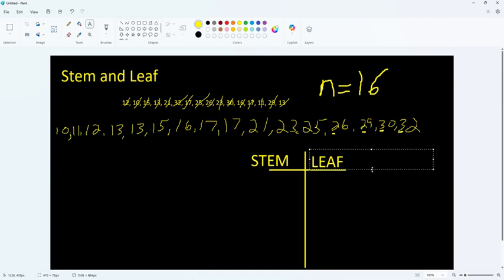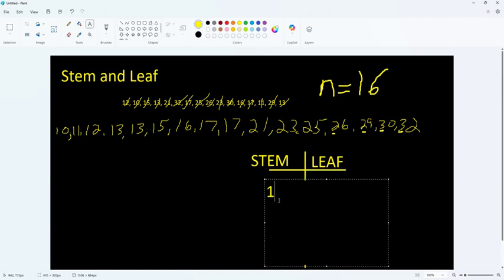Right, so we identified that our stem is going to be 1, 2, and 3. Those are our stems.